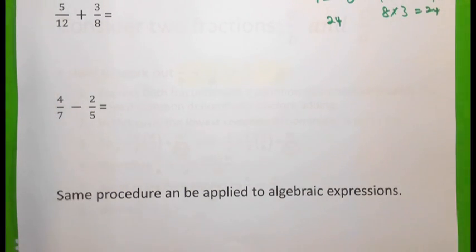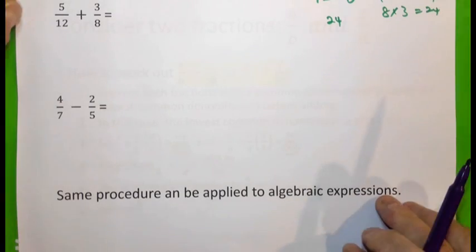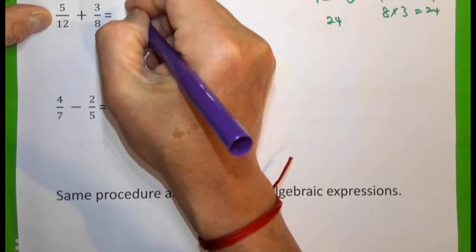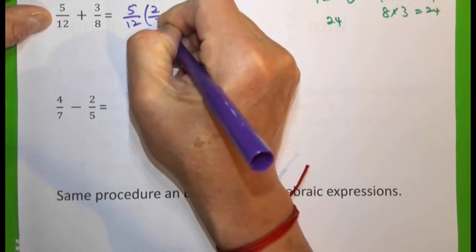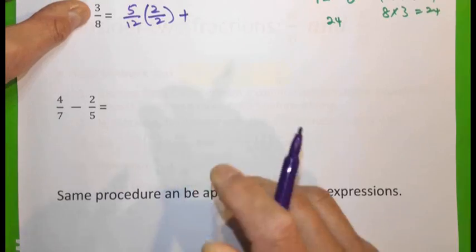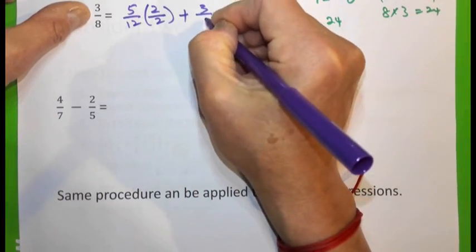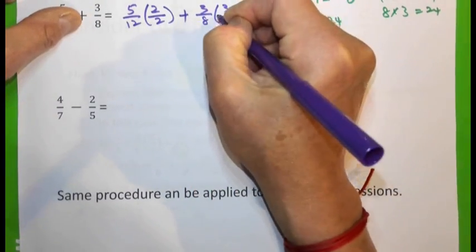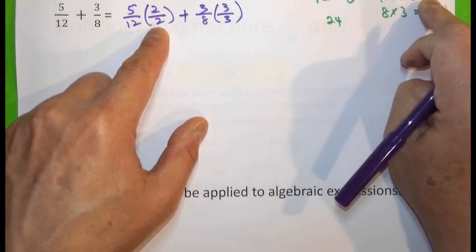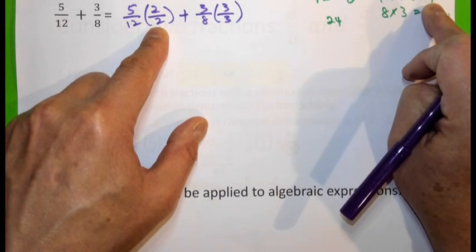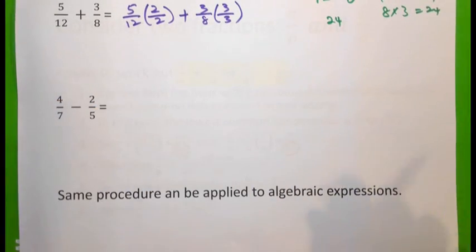Rewriting 5 over 12 to the lowest common denominator, we do 5 over 12 times 2 over 2 plus 3 over 8 times 3 over 3. Because 12 times 2 gives us the lowest common denominator of 24, and 8 times 3 gives us 24.